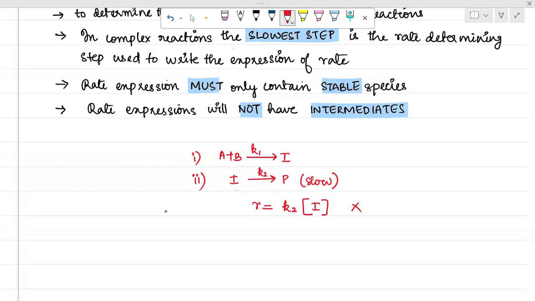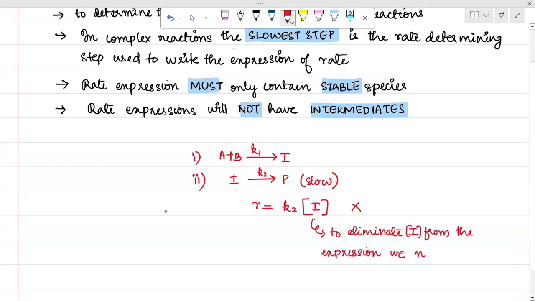To eliminate the presence of I, the intermediate's concentration, from the expression, we need approximations.